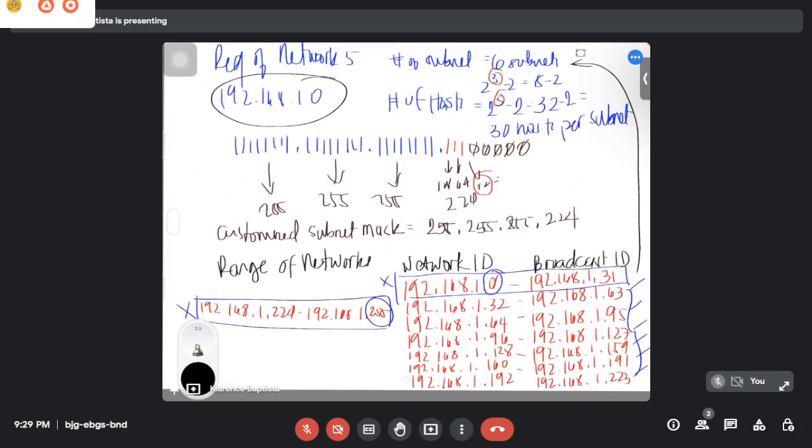Next po tayo. Another example, siguro. Isa pa example for the requirement of networks.